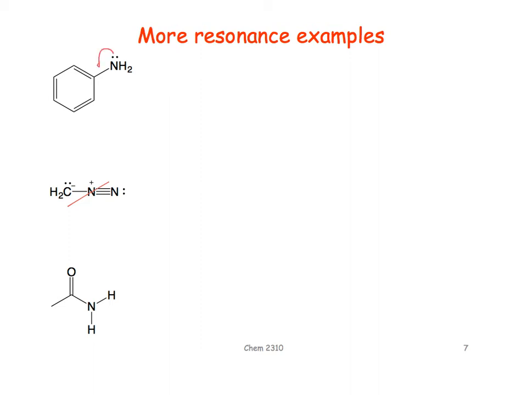So these electrons can move toward the pi bond, and the electrons there can go over to the other end of the pi bond. So we're going to get a double bond out to the nitrogen, and non-bonding electrons over here. So we're going to have a plus on the nitrogen, minus on the carbon.